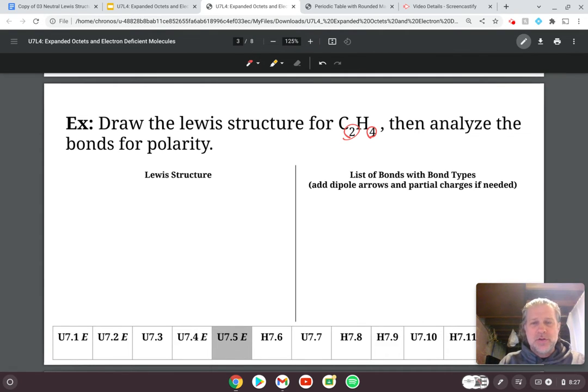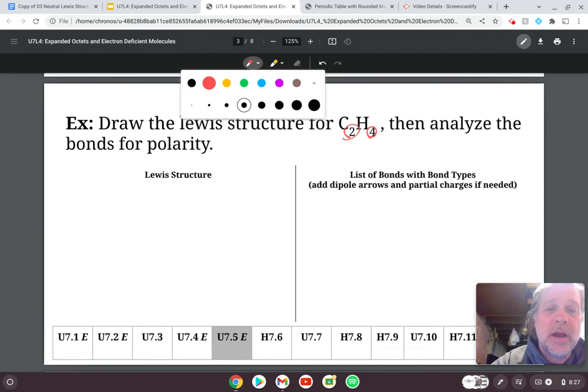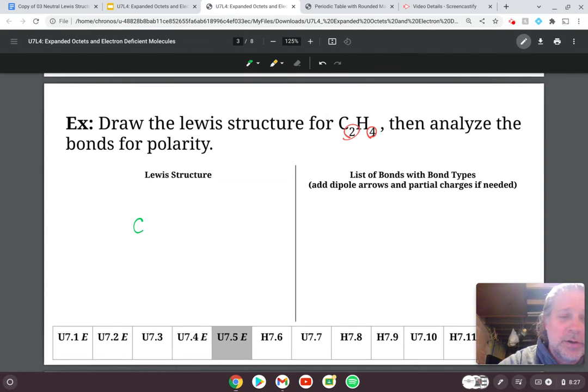So the easiest way is to simply look at what we've been given and remember that when carbon is present, carbon is almost always in the center. So I'm going to start by taking my carbons and putting them next to each other.